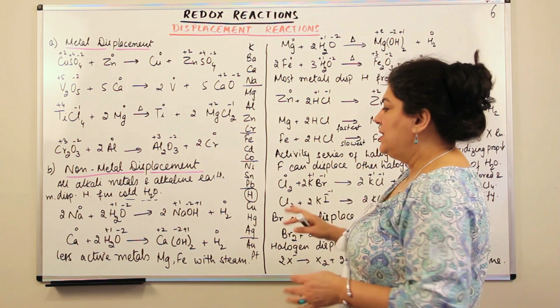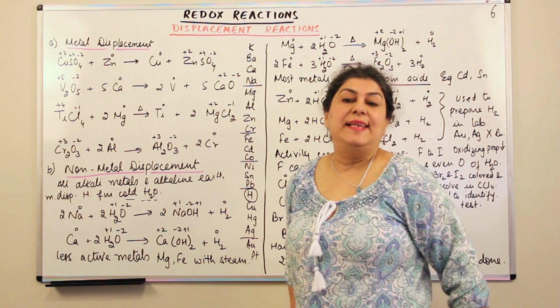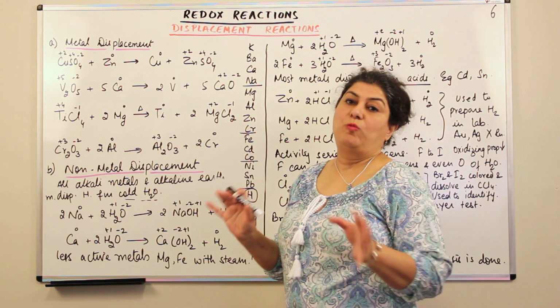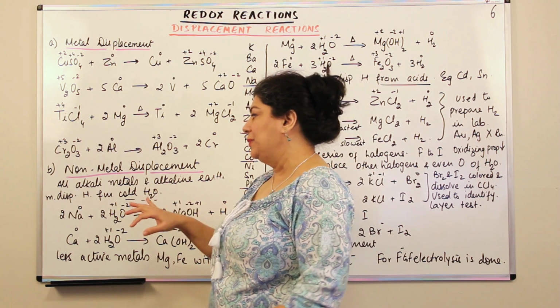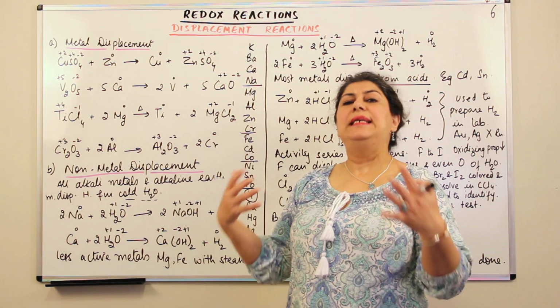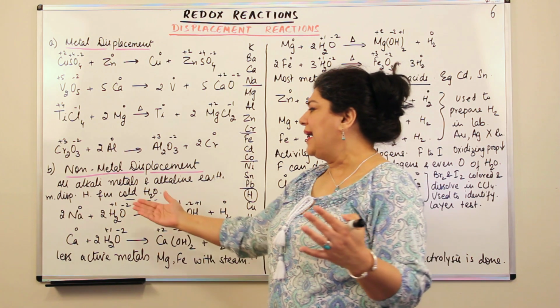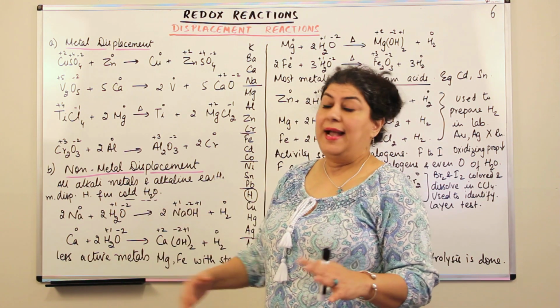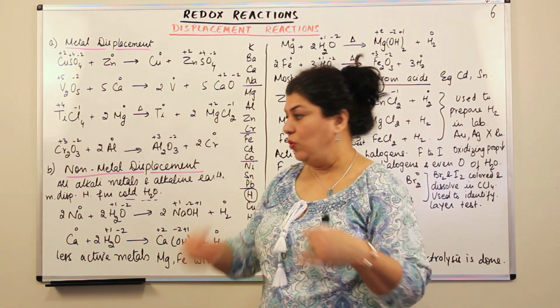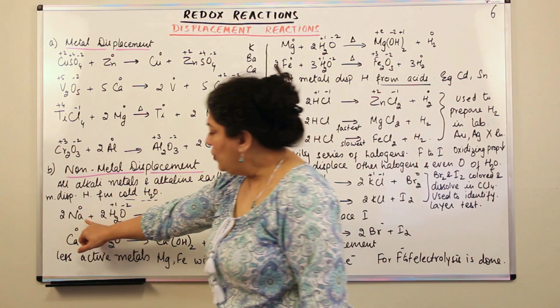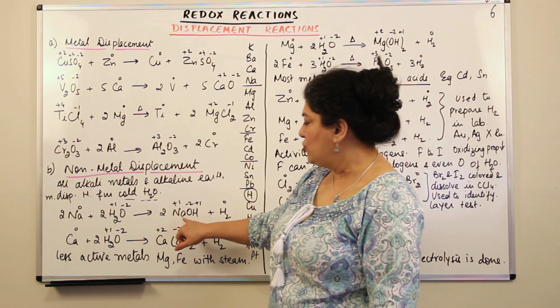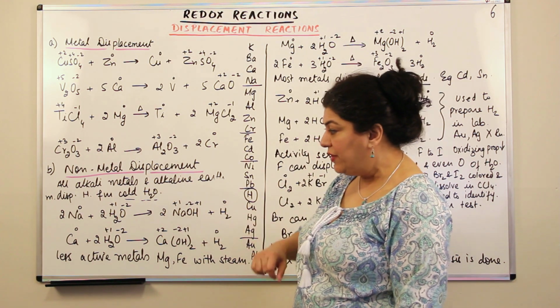So they very easily displace hydrogen from water. All alkali metals and alkaline earth metals can displace hydrogen easily, which means they can react violently with cold water to remove the hydrogen. For example, sodium combines with water to give sodium hydroxide and hydrogen is given out.